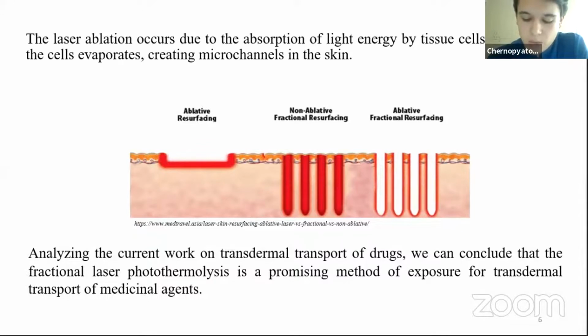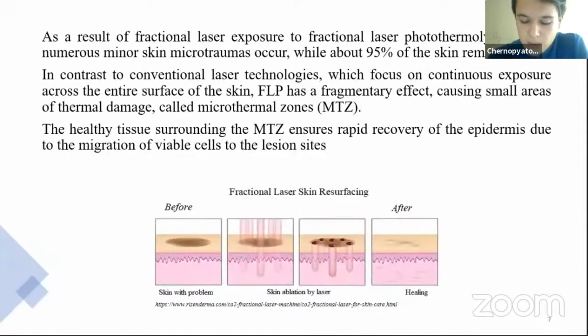Analyzing the current work on transdermal transport of drugs, we can conclude that fractional laser photothermolysis is a promising method of exposure for transdermal transport of medicinal agents. As a result of fractional laser photothermolysis, numerous minor skin microtraumas occur, while about 95% of the skin remains intact.